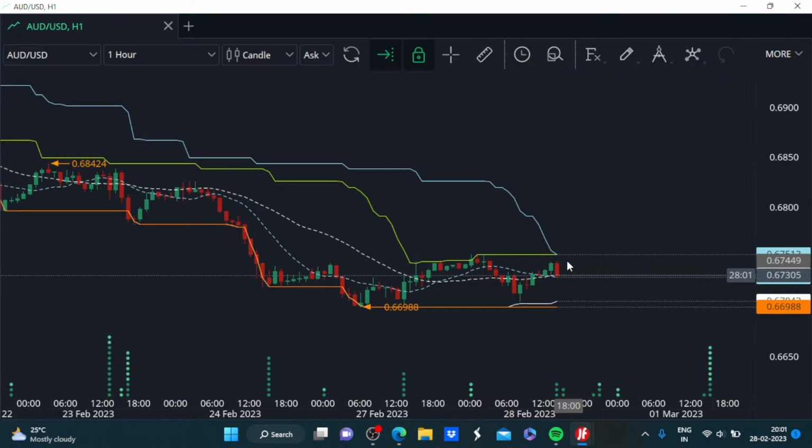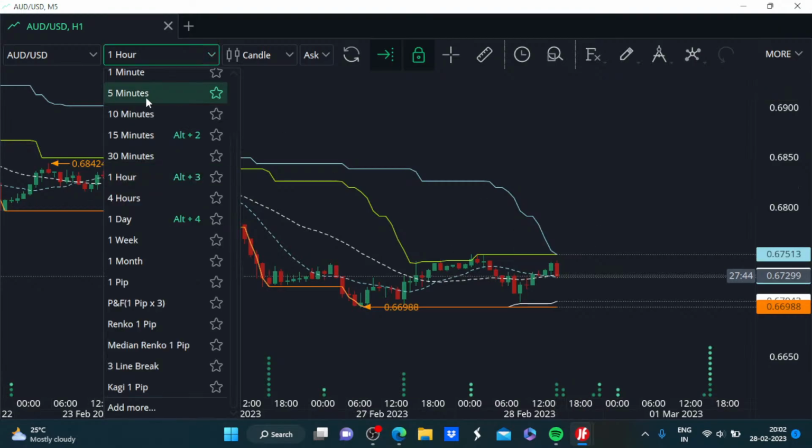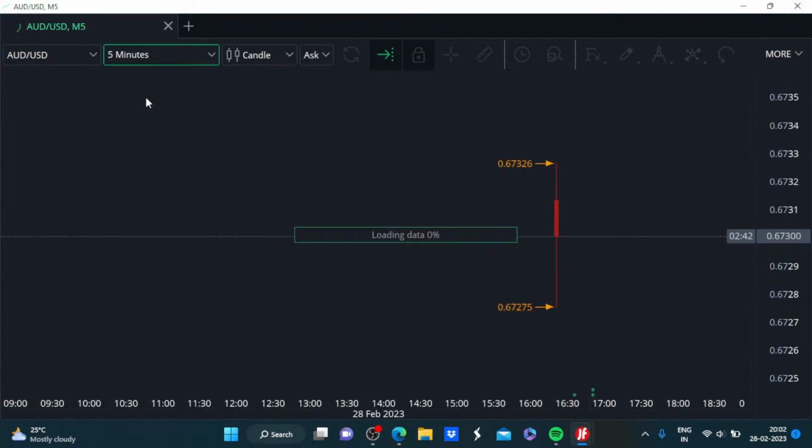That is an ominous sign, and I would suggest avoiding any kind of long trade in AUD in today's session. We have much better momentum in GBP, and also the euro is looking much better in comparison to the AUD. So for today, the bias in AUD has to remain on the bearish side.